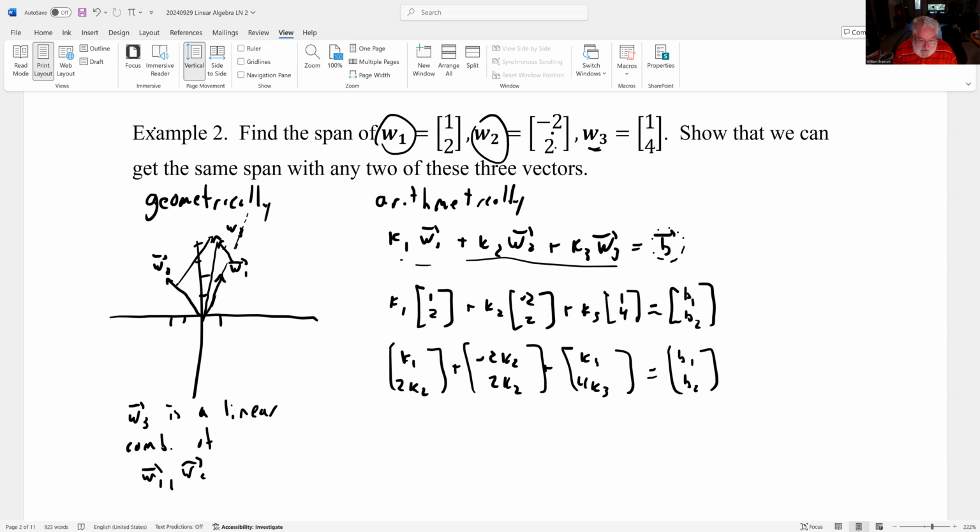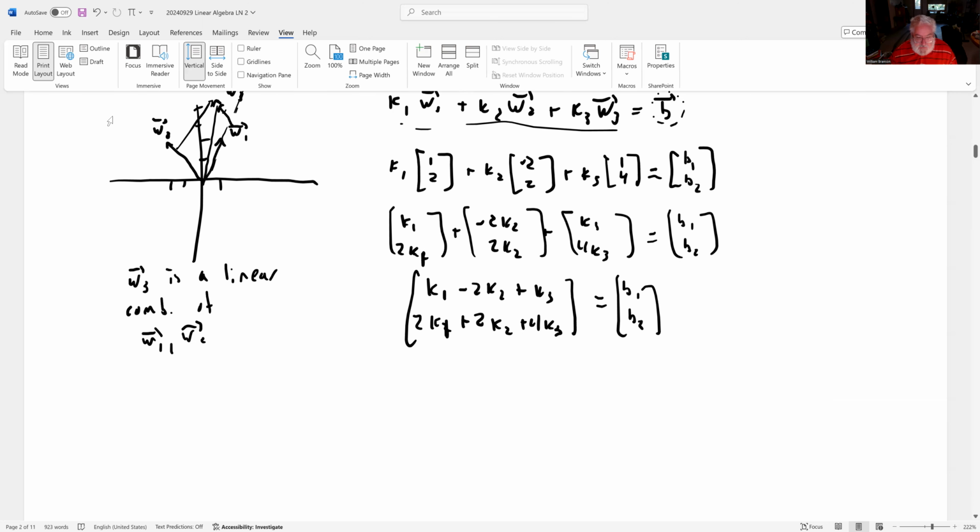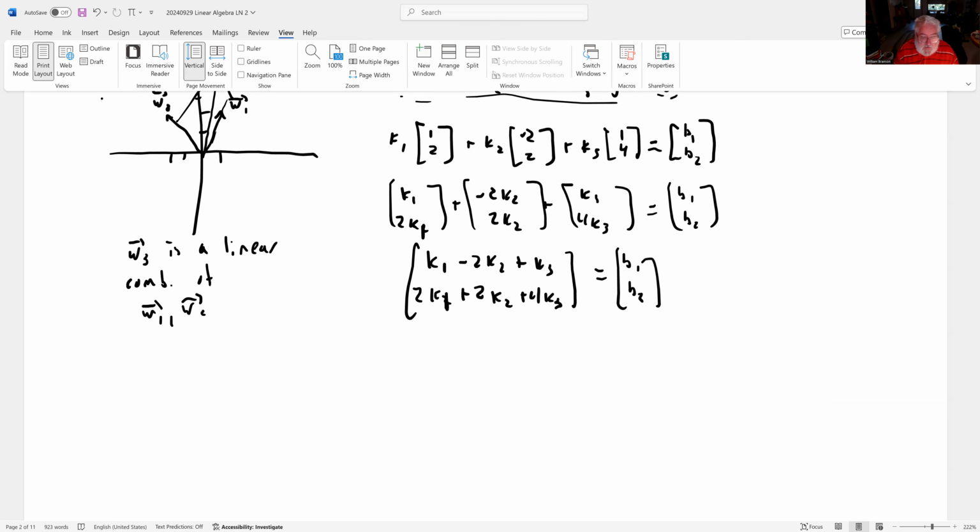And then we can just add. When you add vectors, you add each component. That's a K1, it's 2K2 plus 4K3. So we just add the top row and we add the bottom row. We get B1, B2. And so this is two equations and three unknowns, actually.